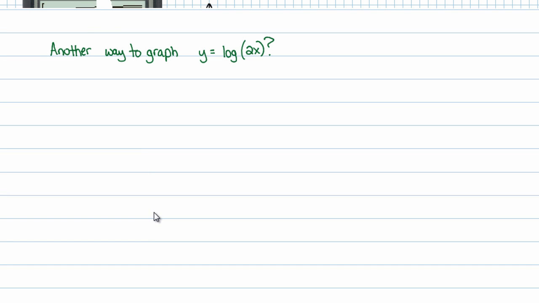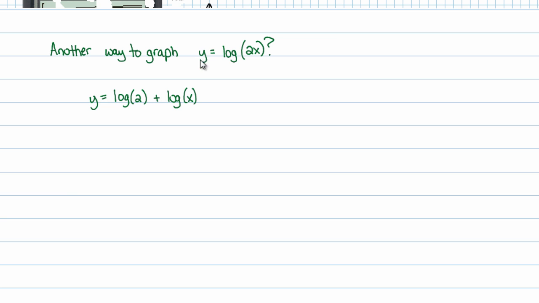But I had mentioned that there was another way to graph that function y equals log of 2x. You could use the properties of logarithms to write log of 2x as log of 2 plus log of x. All I'm doing is saying I have two objects multiplying on the inside of the function, which means that I could break it apart into an addition.